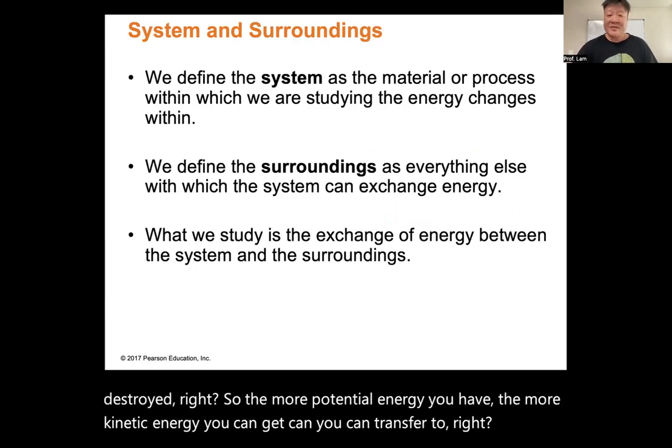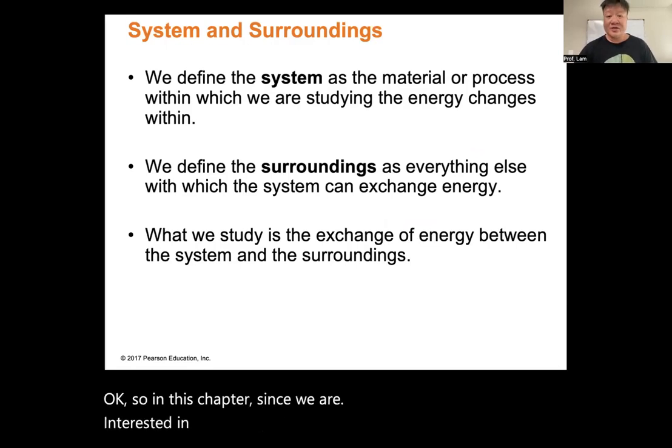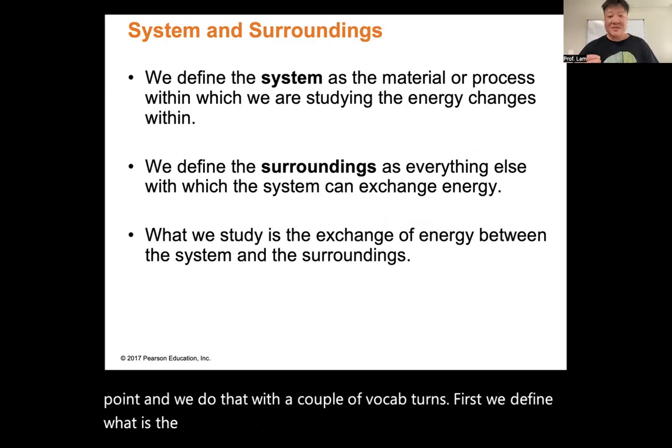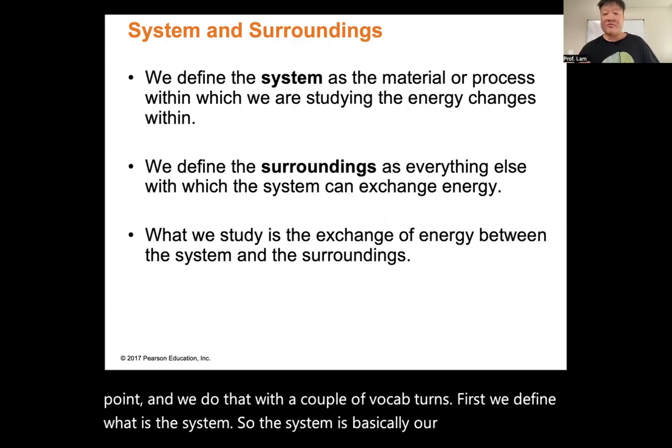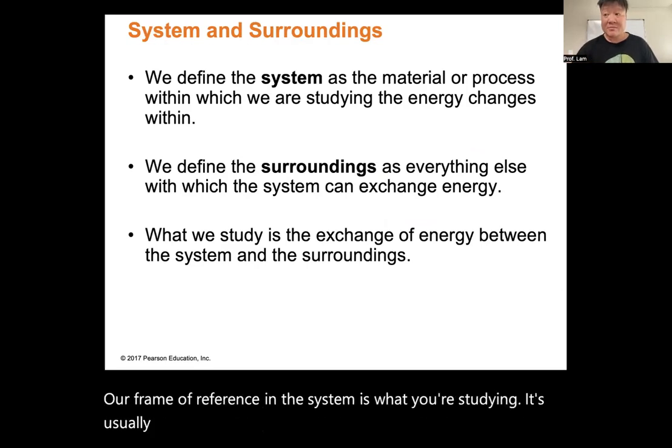Okay, so in this chapter, since we are interested in following energy, we have to set a reference point. And we do that with a couple of vocab terms. First, we define what is the system. The system is basically our reference point, our frame of reference, and the system is what you're studying. It's usually the reaction.